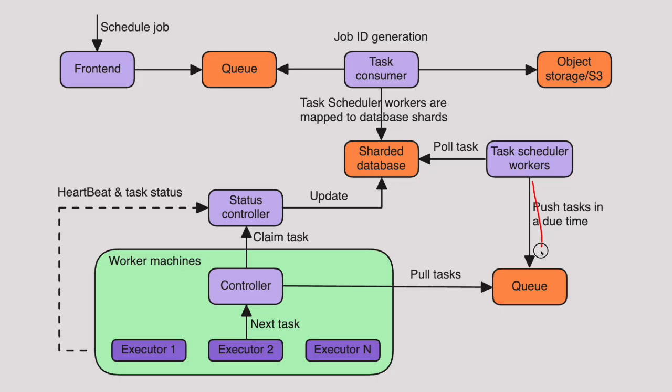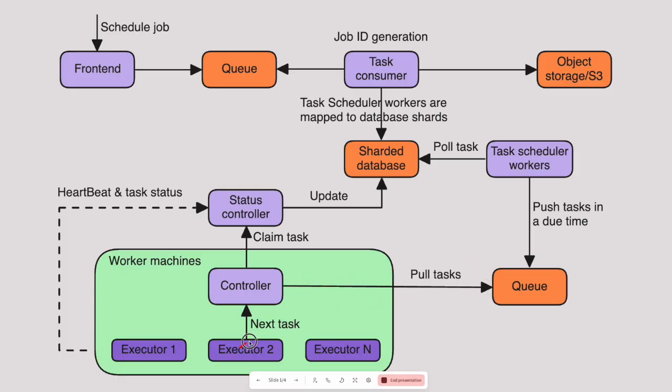A worker machine consists of multiple services. It has a controller, which acts as an orchestrator above the multiple executors that run on the same server. You can think about it as an orchestrator service and then containers, or isolated environments, that the server creates to execute different jobs. The controller pulls the tasks from the queue, and then the task is consumed by one of the executors on the server.